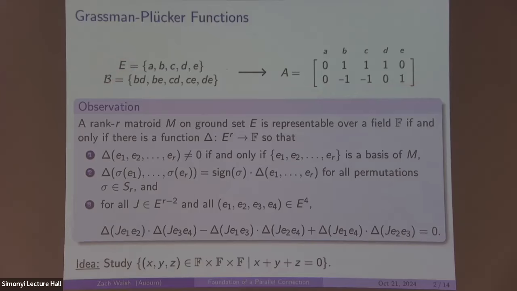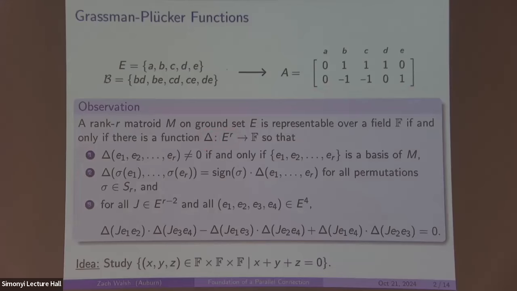But it turns out you don't actually need the matrix. If I just take this matrix and write down the function that maps an R-tuple of the columns to the determinant of that submatrix, then this function satisfies 3 natural conditions.